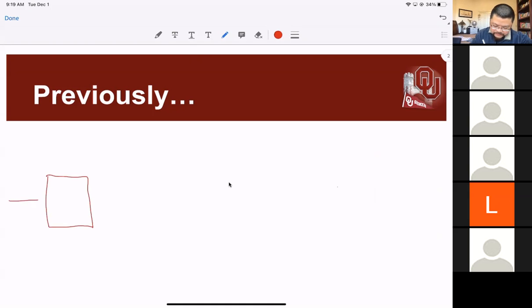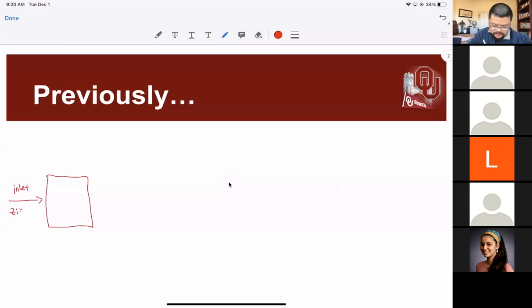I'm going to have the inlet, which is a mixture. Zi, do we still know how to describe Zi? The overall composition of component i of the mixture. Zi is Xi of the liquid plus Yi of the vapor, right?